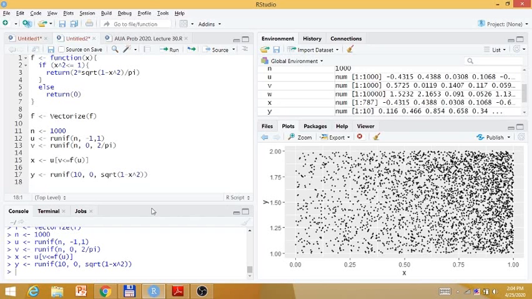This is not generating for all values of x. Here x is a vector, so I need to do something for this x.